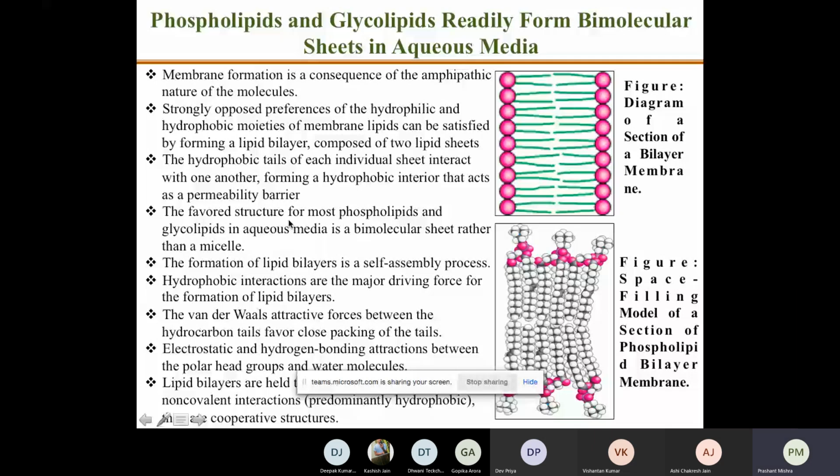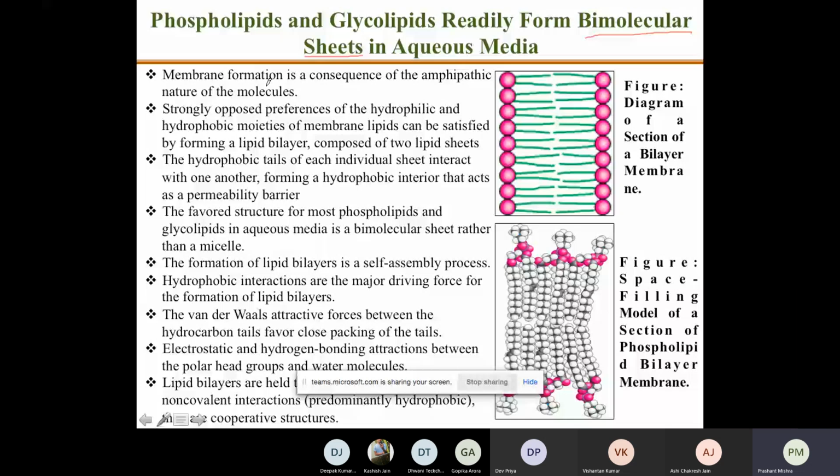And the molecular sheet you have is the biological membrane. So a bimolecular sheet-like structure is formed if I take phospholipids or glycolipids in water or in any other aqueous medium. So membrane formation is a consequence of the amphipathic nature of the molecule.